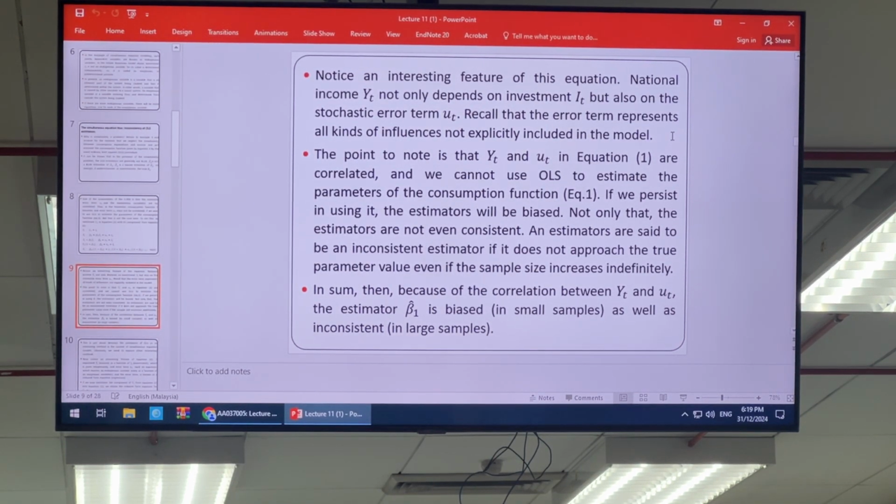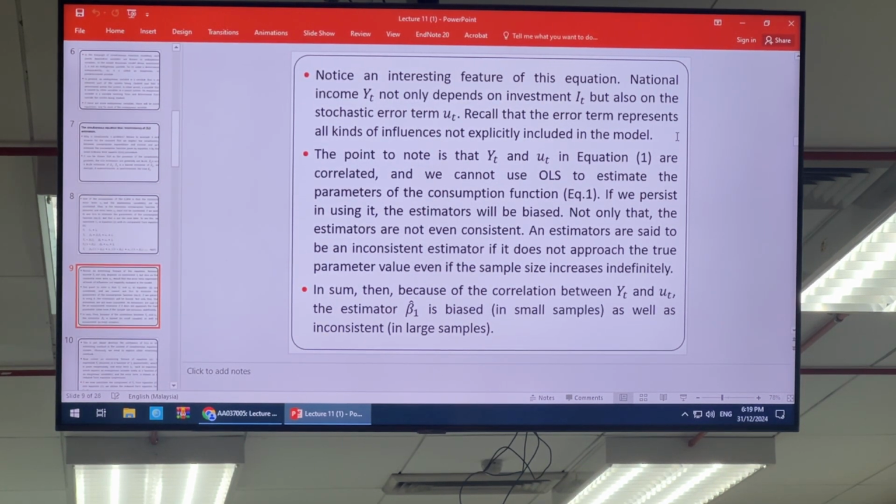So recall that the error term represents all kinds of influences not explicitly included in the model. The point to note is that yt and ut in the first equation are correlated, and we cannot use ordinary least squares to estimate the parameters of the consumption function, the first equation. If we persist in using it, the estimator will be biased. Not only that, the estimators are not even consistent.